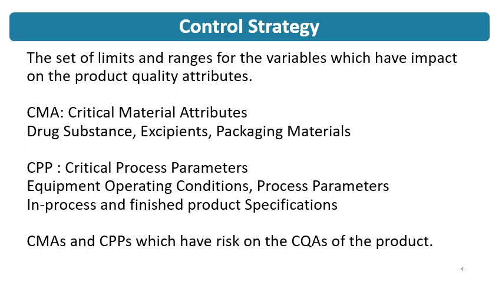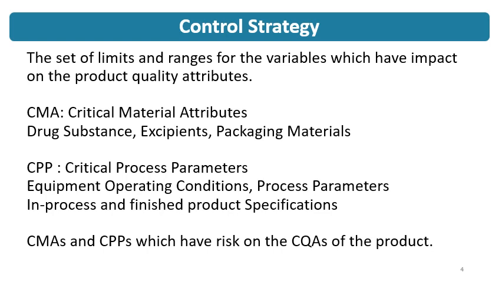Then control strategy. So this is the very important part of this video. The control strategy is the set of limits and the ranges for the variables which have impact onto the product quality attributes. The limits and ranges are given to the CMAs like drug substance CMAs, excipient CMAs, packaging material CMAs.